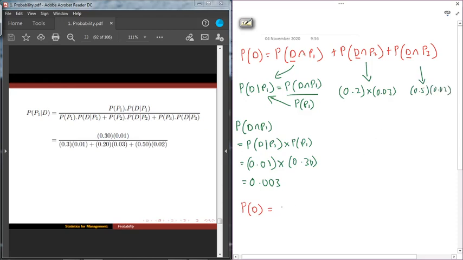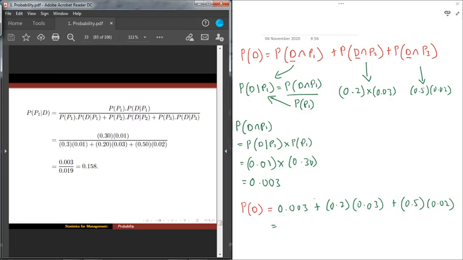So PD is basically 0.03 plus, you will get 19.